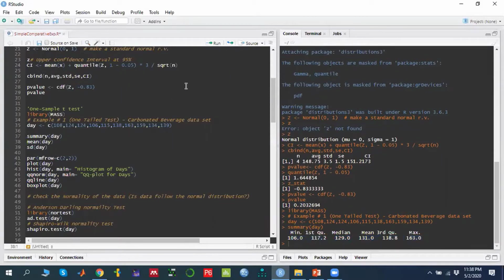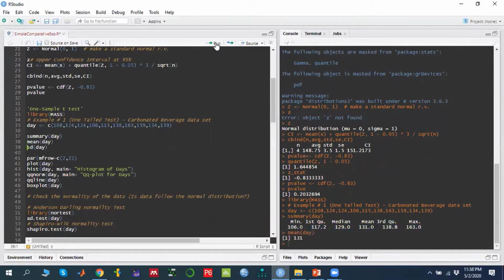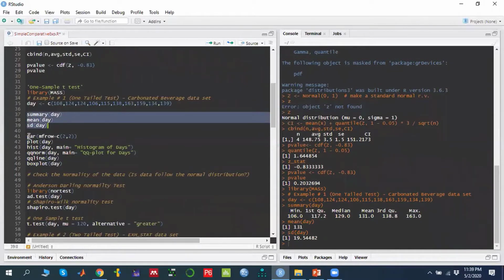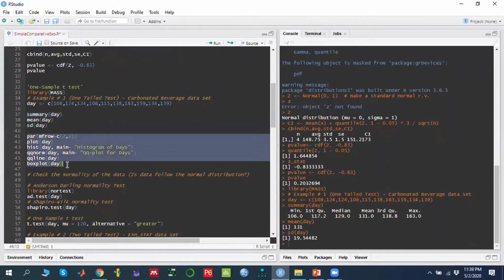If you want to find the mean and the standard deviation, you can use the functions mean and sd. So this is basically the descriptive analysis. But right now, with the help of these functions, I am also checking the data with different graphical representations.